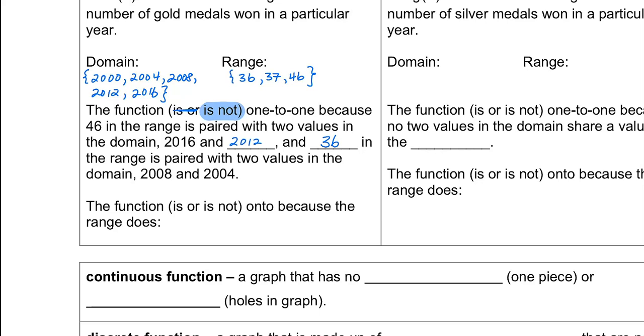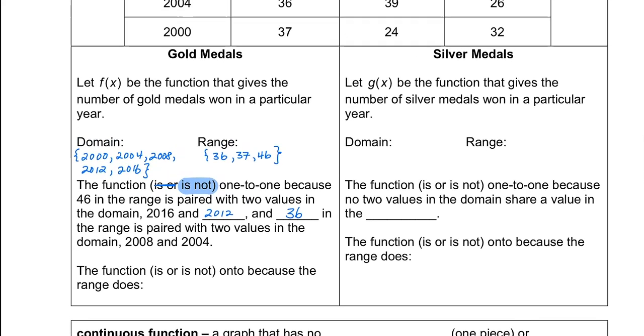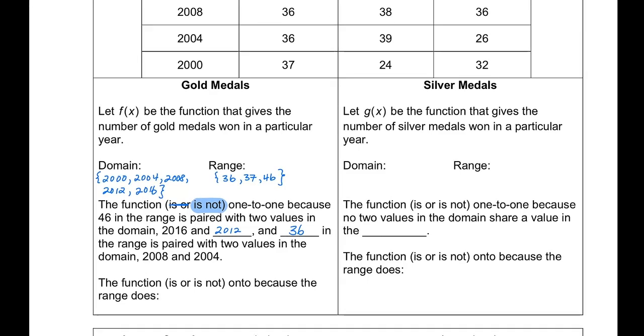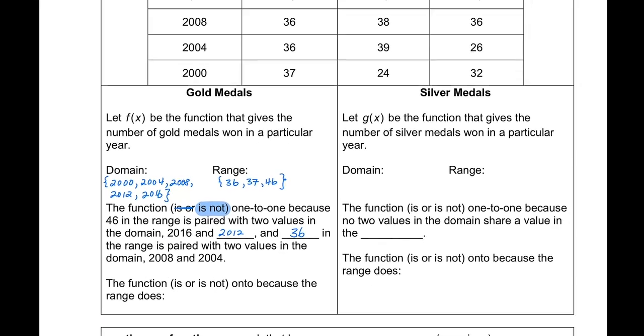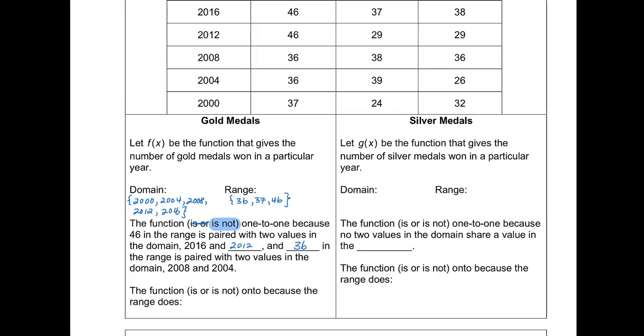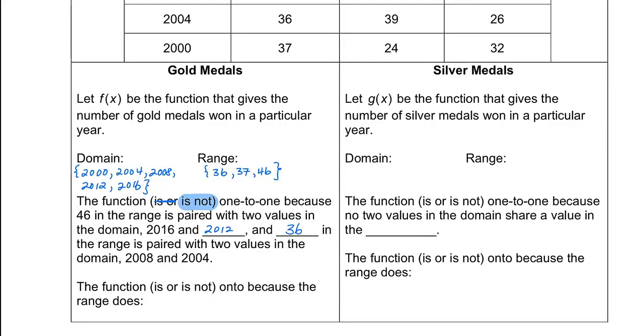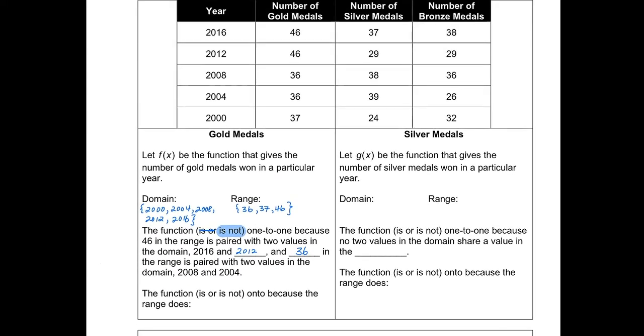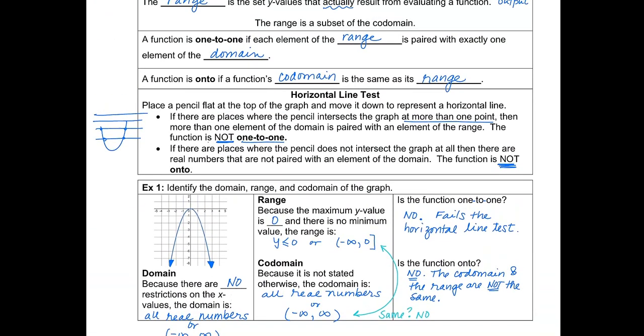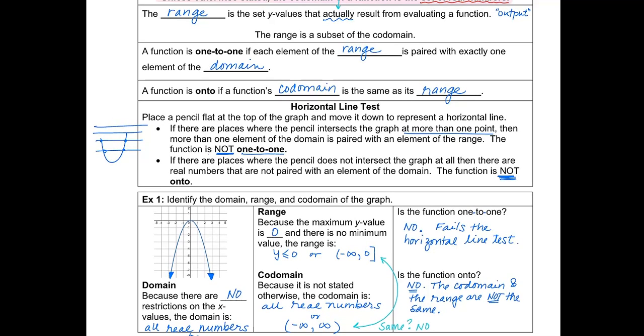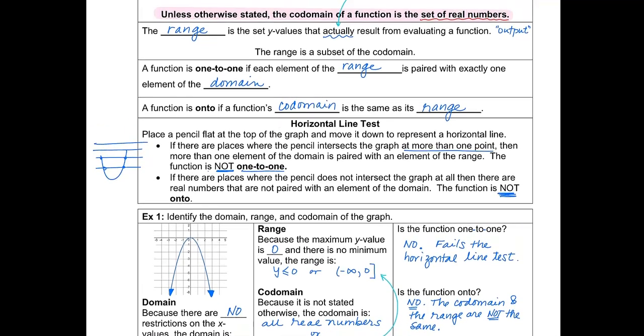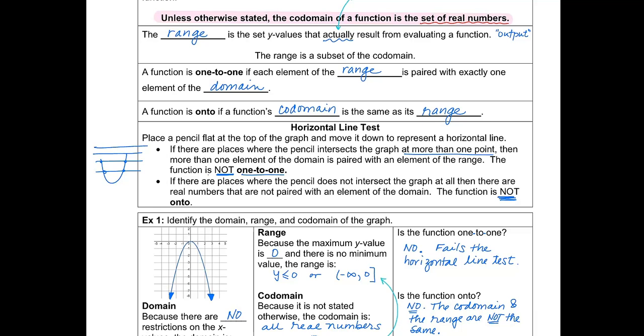Then we have to decide if it's onto. Okay. We have to just say if it's onto. If it's onto, remember, back up here, the function is onto if the codomain and range are the same.